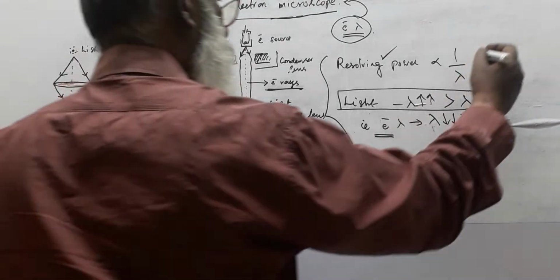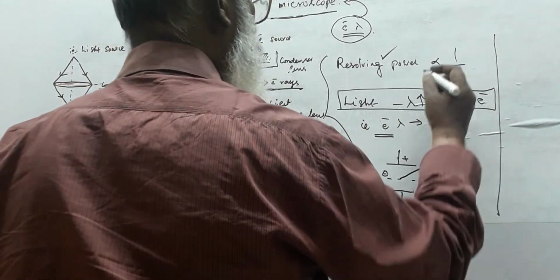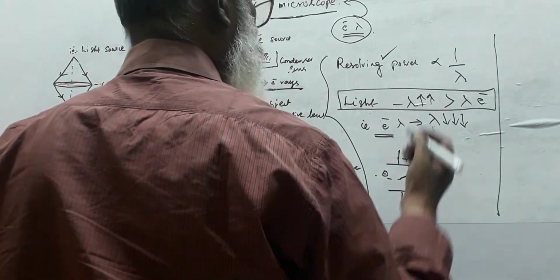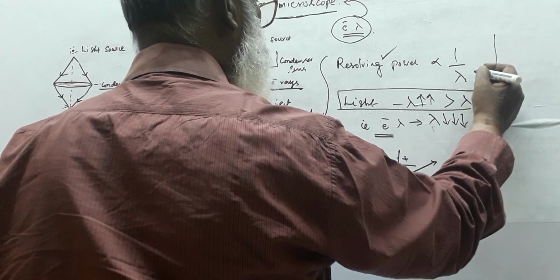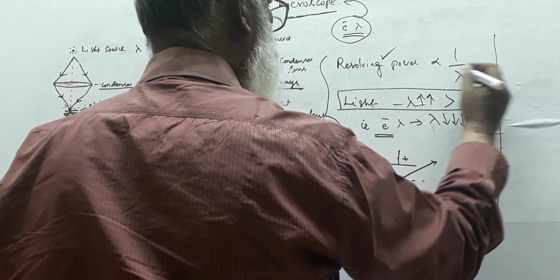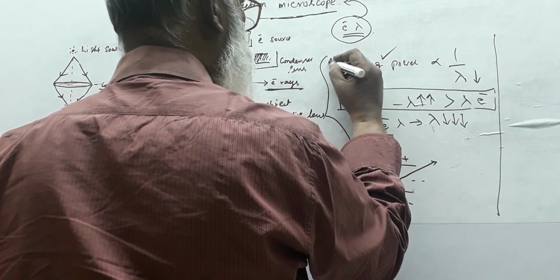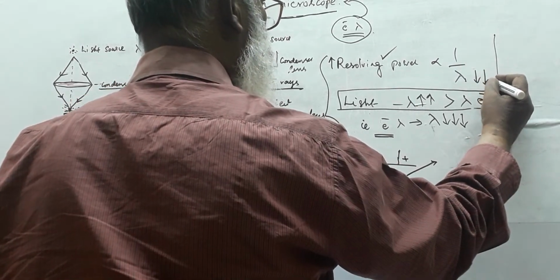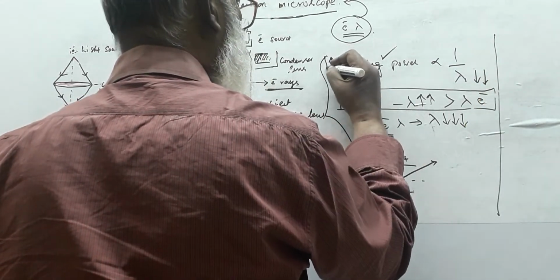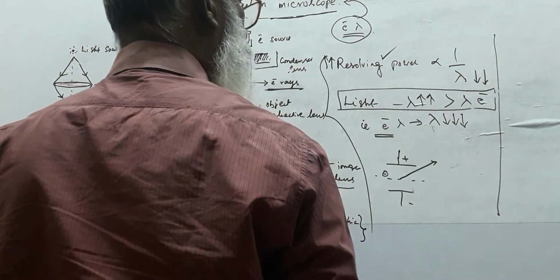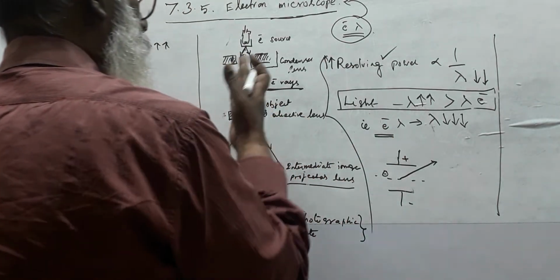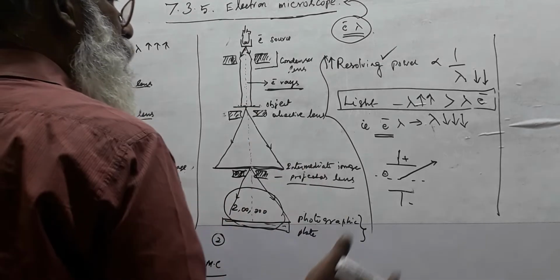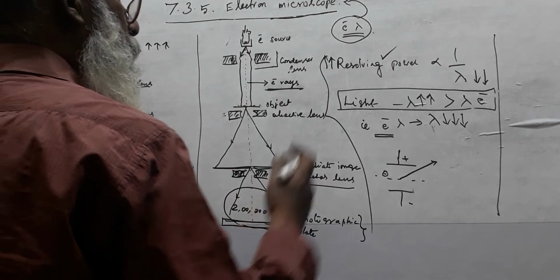To understand clearly, lambda is the wavelength. When the wavelength is lesser, the resolving power will be high. If you reduce the wavelength further, then the resolving power, or magnification, of the microscope is further increased.